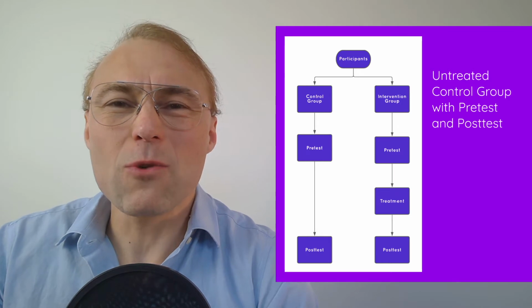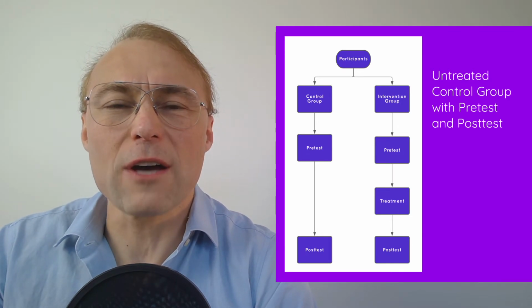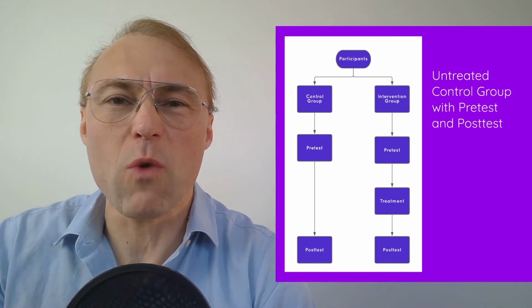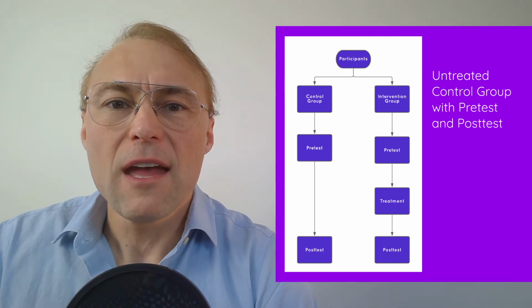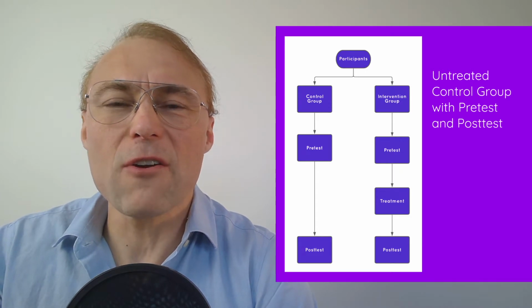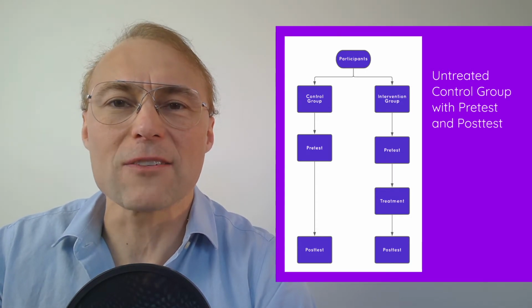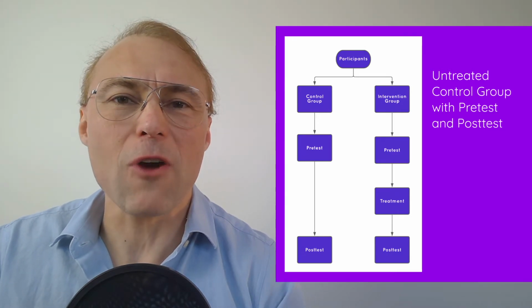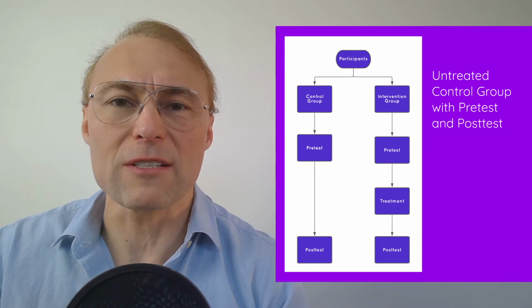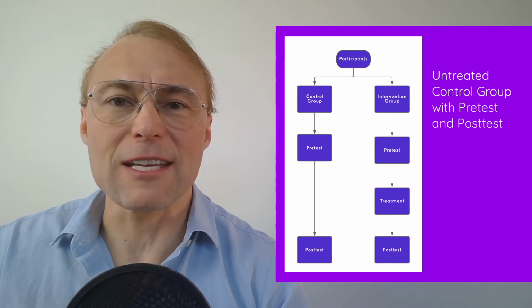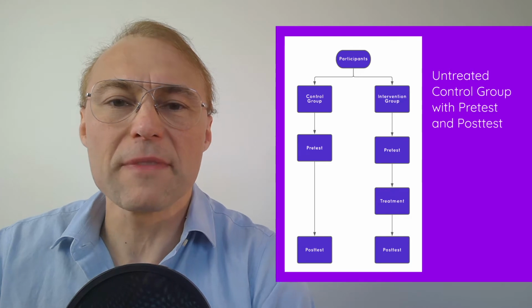Now, the untreated control group with pretest and posttest, this is sort of the quintessential quasi-experimental design, and this is the one we all like to have and the one we should aim for. Here the participants are divided into two groups. Now we note that they are not randomly assigned to one of these groups. They are assigned to one of these groups by some other non-random process. Perhaps they volunteered, perhaps by where they lived, perhaps by different year of their educational program.